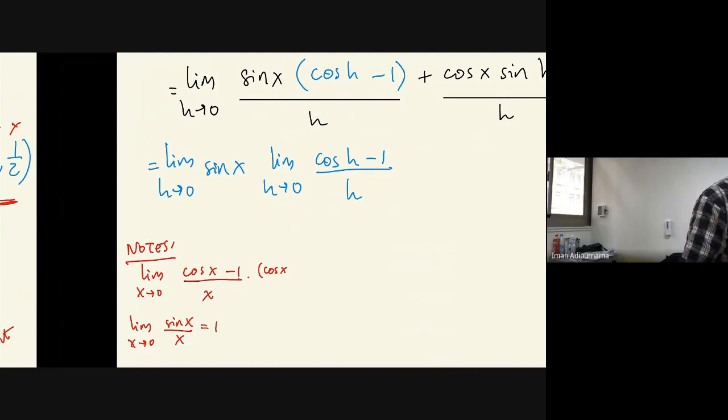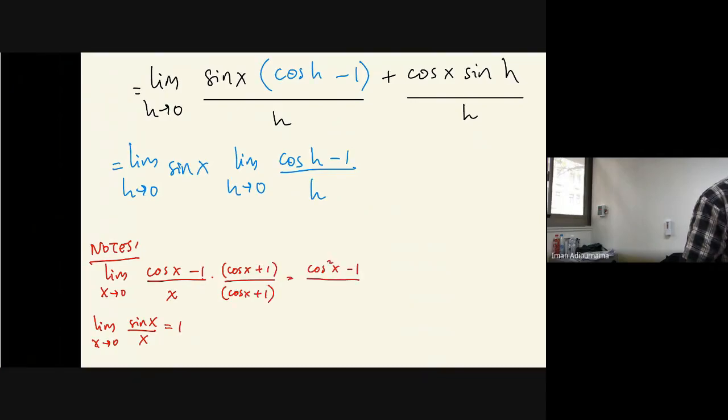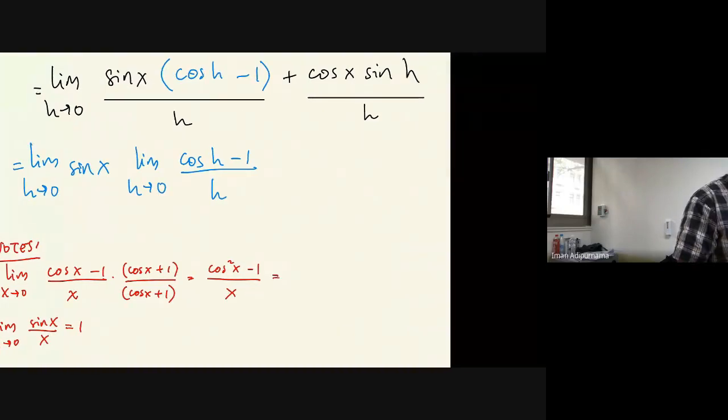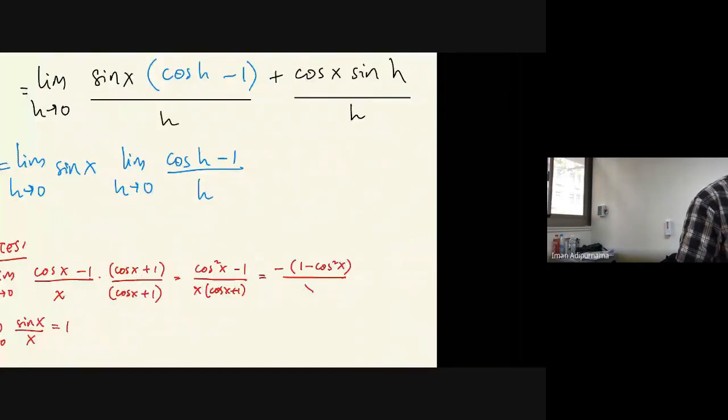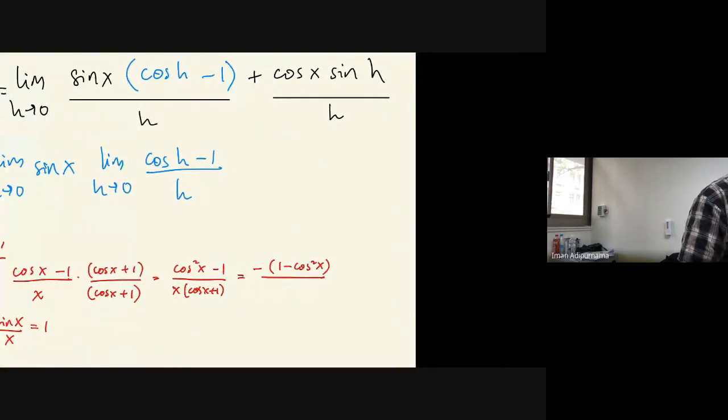So for this part, I will multiply with cos x plus 1 over cos x plus 1. So it will be cos squared x minus 1 over x. A little bit tricky here. I will move the negative to the outside, and it will be 1 over x times cos x plus 1.